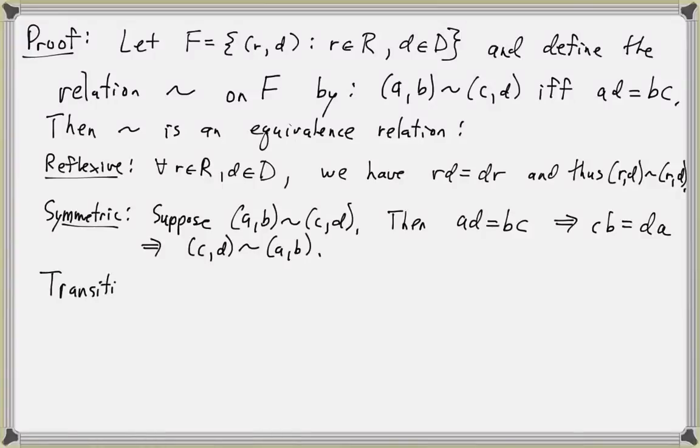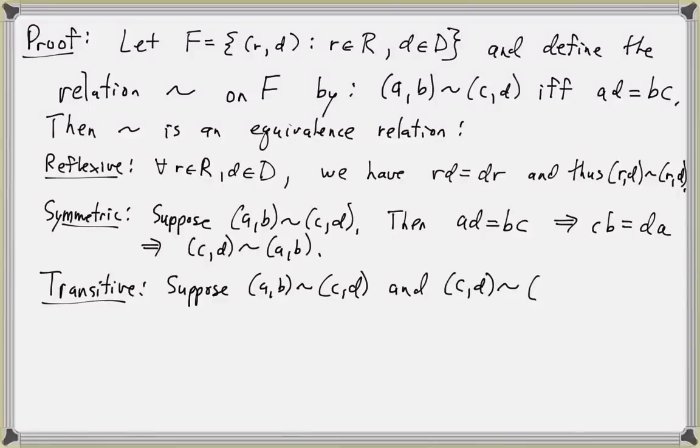Now for transitive, let's suppose AB is related to CD and CD is related to EF. And we need to show that AB is related to EF.